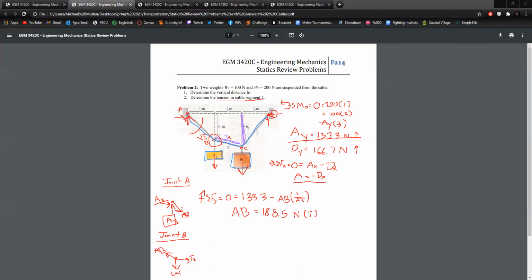The way we're going to do it is by drawing, I'll do it with green so you can see it, a perfectly horizontal line over from B straight into the vertical of C. Then this angle here, we're going to label it theta. Theta is this angle.